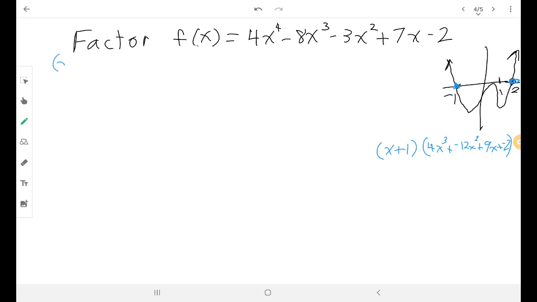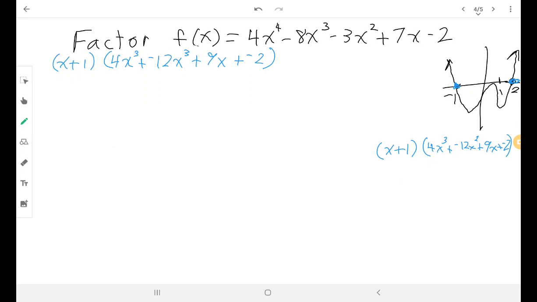So now we know that x plus 1 times this slightly smaller but still pretty long thing, which I'm going to copy down one more time, that thing is another factor. And now if we can find another factor, then we'll be good. Okay?